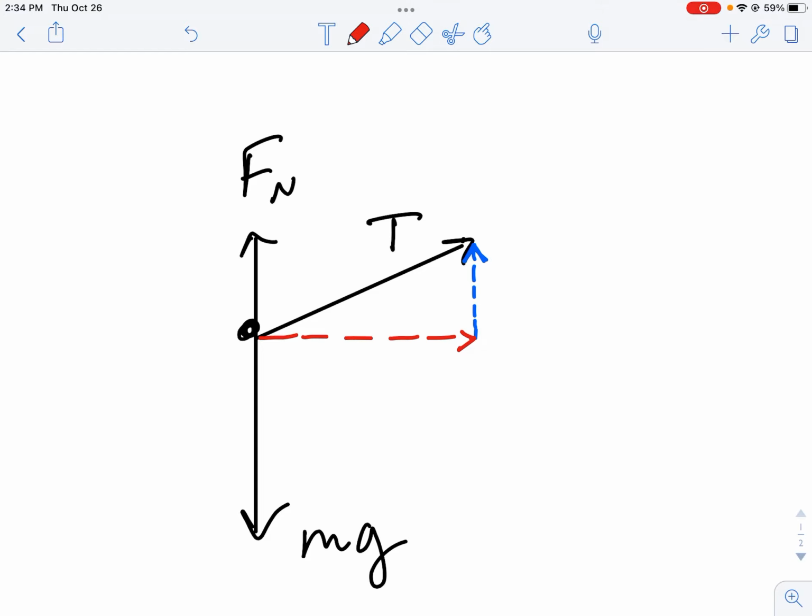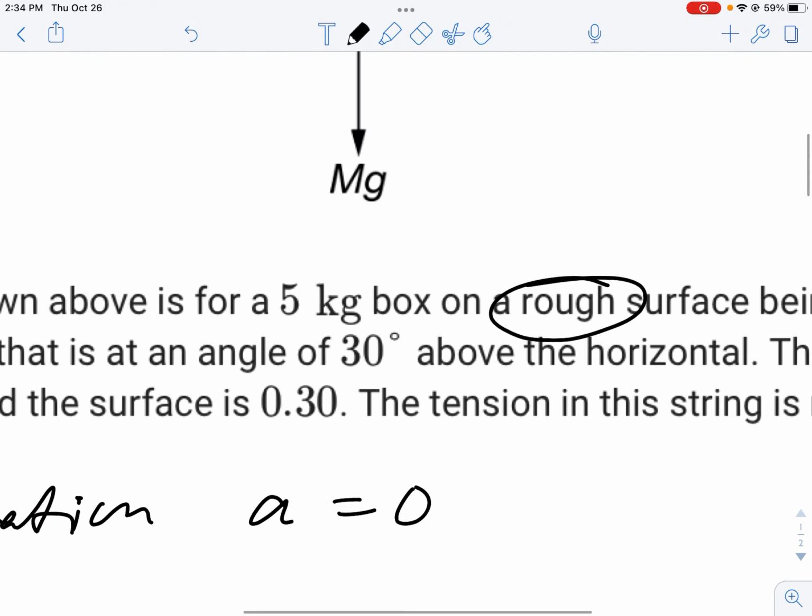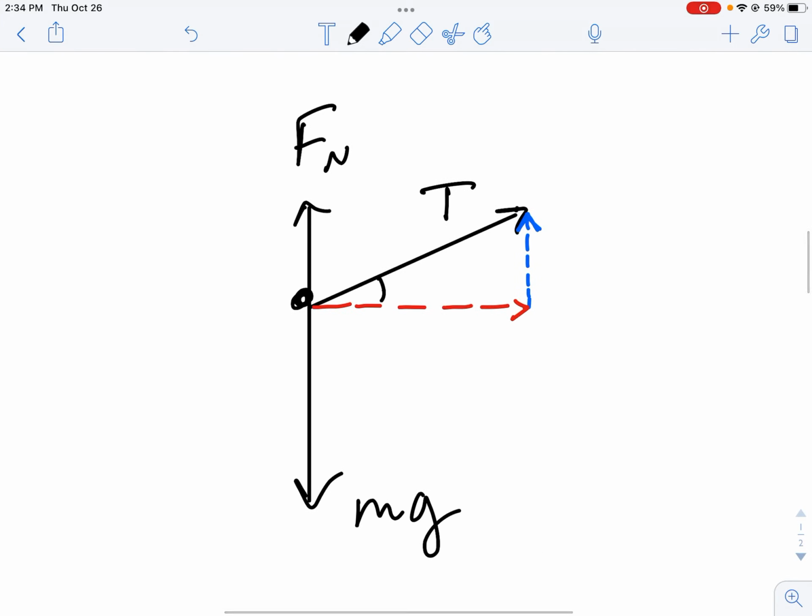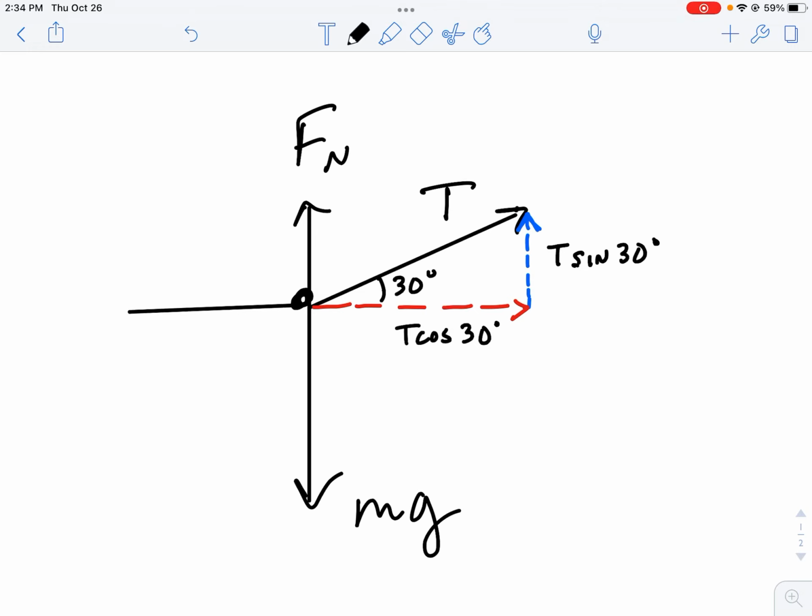We know that angle is 30 degrees. This component will be T sine 30 because it's opposite the angle, and this will be T cosine 30. And then finally we have friction, and the friction force should be exactly the same length as the component of tension in the x direction because it balances with the friction force. So we'll draw it approximately correct.